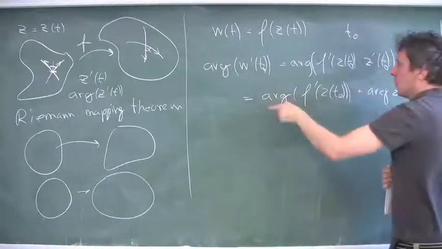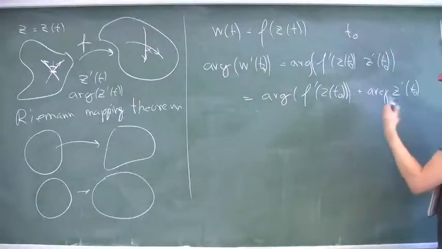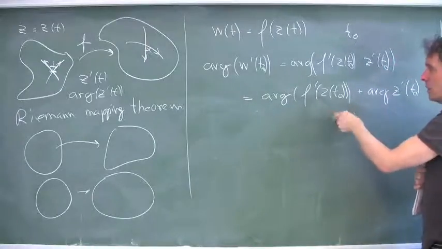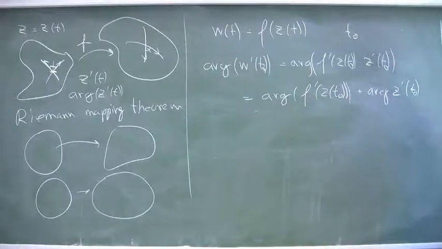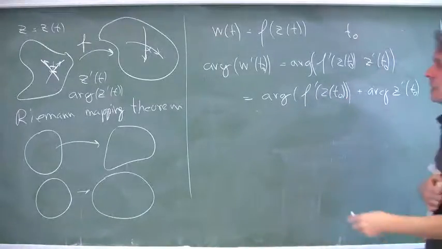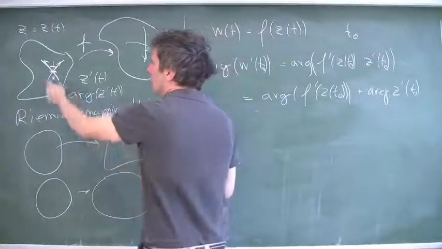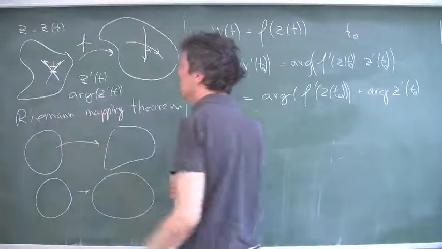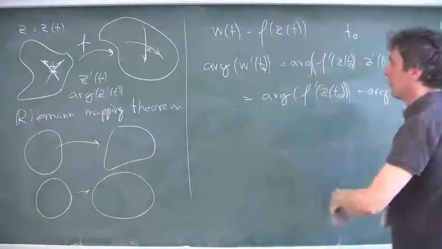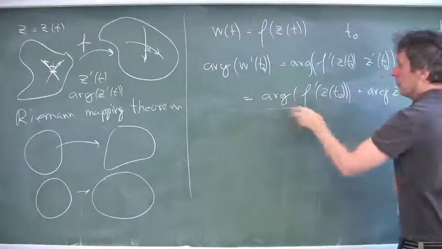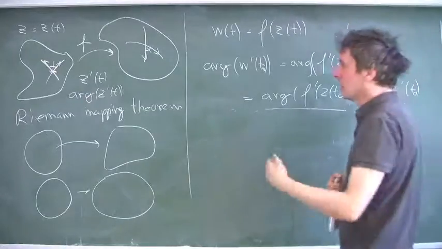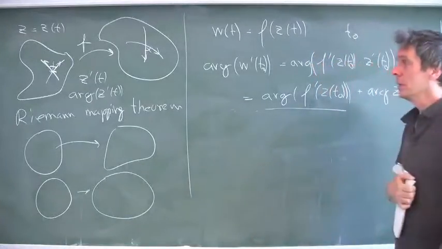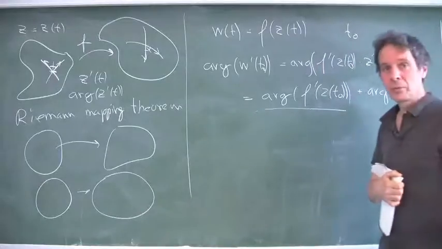And this number that you add is independent of the curve. It just depends on the point and the function f. So this means that every curve passing through this point will be turned by this map by the same angle, and from this it immediately follows that angles between curves will of course be preserved.